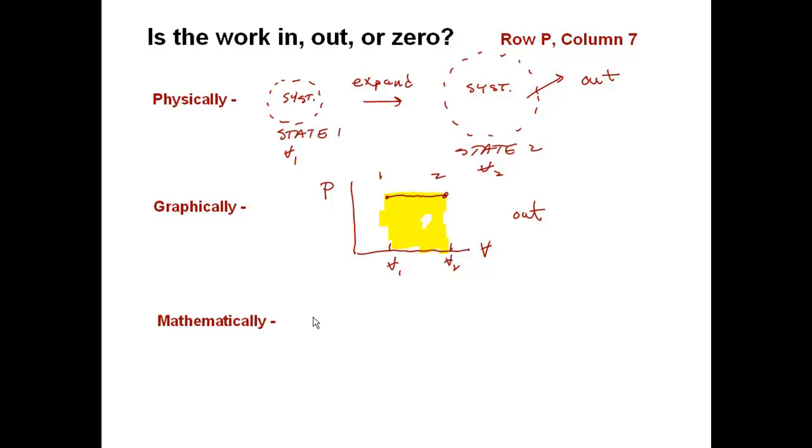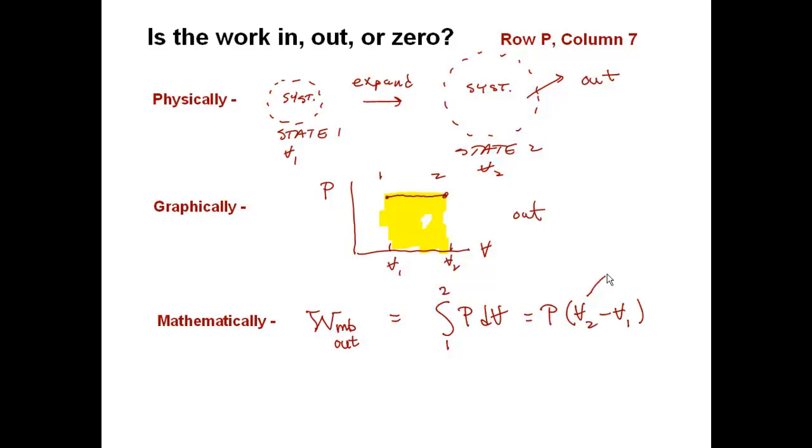Last, let's look at the definition of moving boundary work. First of all, the defining expression for work out is the integral of the pressure with respect to the volume from the initial state to the final state. And for our particular case, we have the pressure times the final volume minus the initial volume.